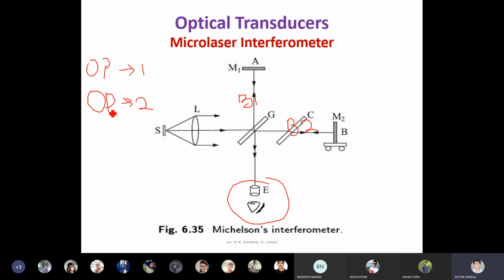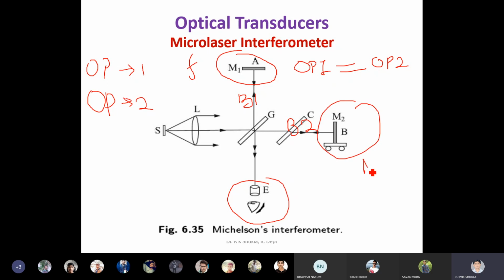This is called optical path 2, OP1 and OP2. So in the initial state, OP1 is equal to OP2. This is how we have to do it. This mirror is fixed. This is the fixed mirror F and this is the movable mirror M.